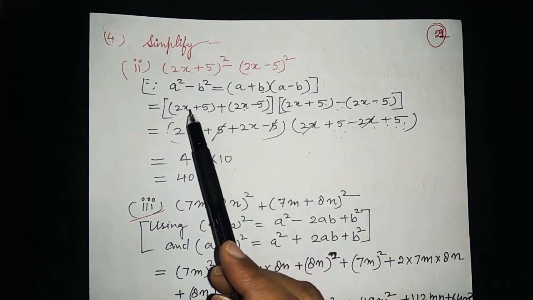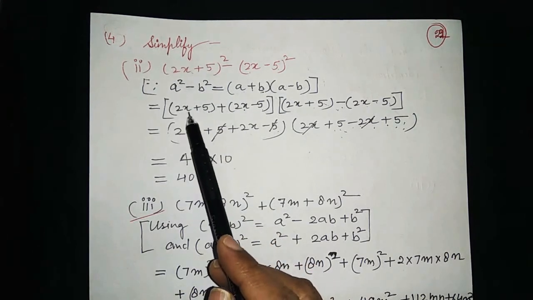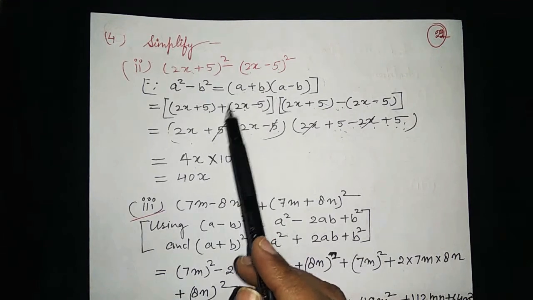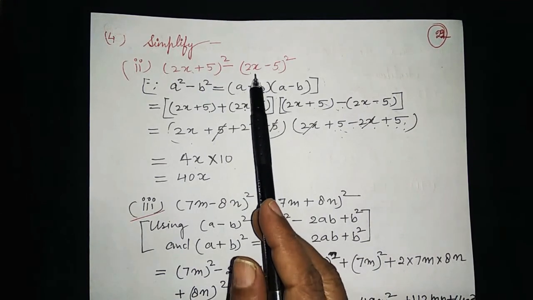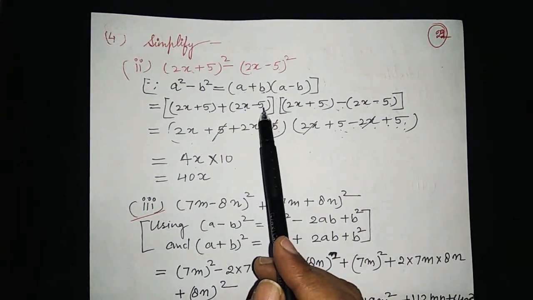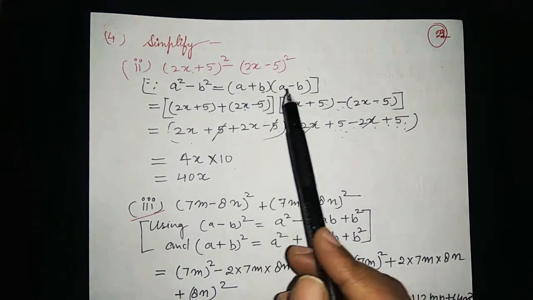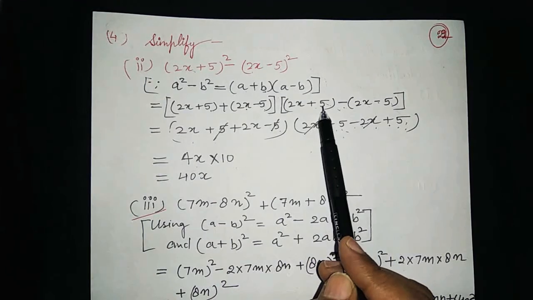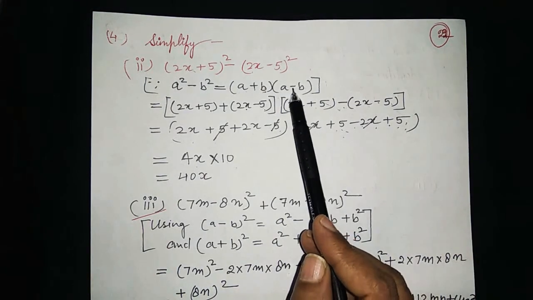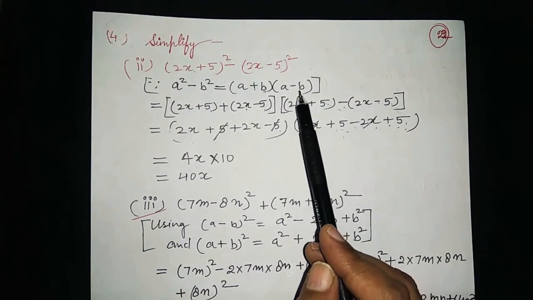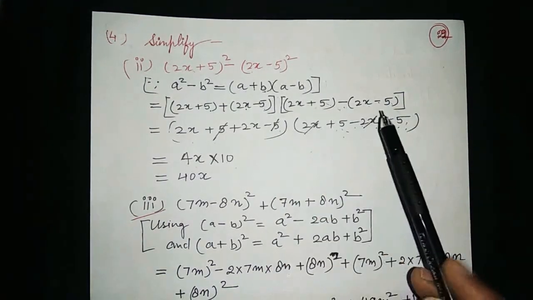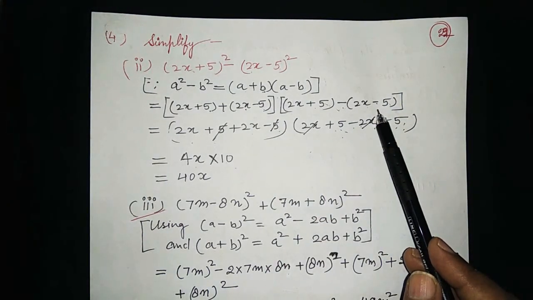Here we will write a. In place of a we will write 2x + 5, plus for b we will write 2x - 5, and a is 2x + 5. So here we will write 2x + 5, then minus sign. After the minus sign b is 2x - 5. So we will write here 2x - 5 in bracket.